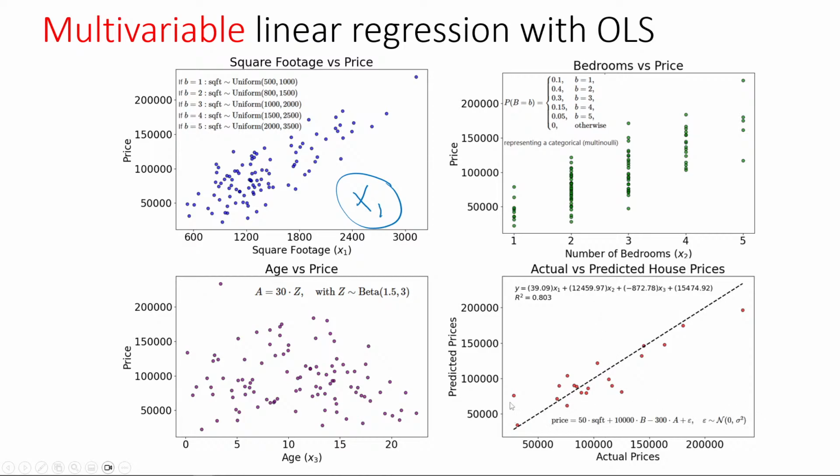That is the true model that I used to generate the underlying data. And this is the model that I was able to fit to this data, giving a large error.